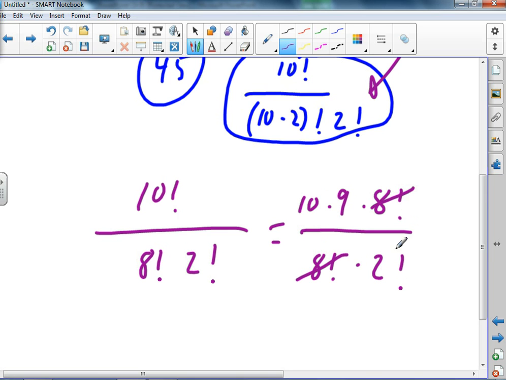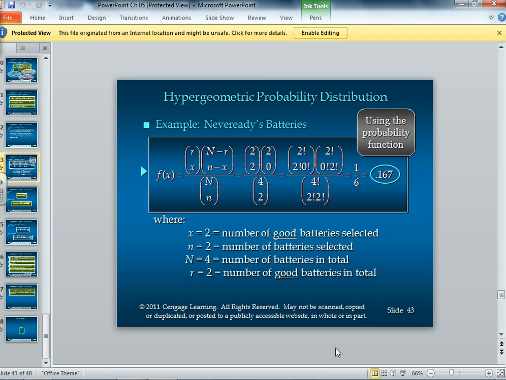Those guys go away. 2 goes into 90 45 times. So I can do that in my head. But it was nicer to be able to do it on my calculator. But this is saying 2 things taken 2 at a time, 2 things taken none at a time, 4 things taken 2 at a time.